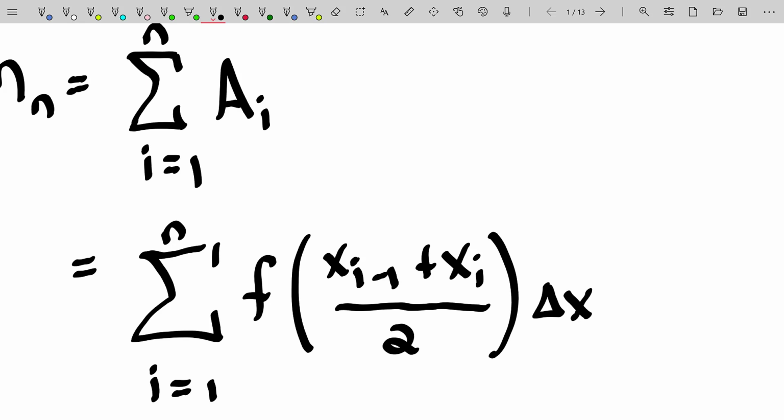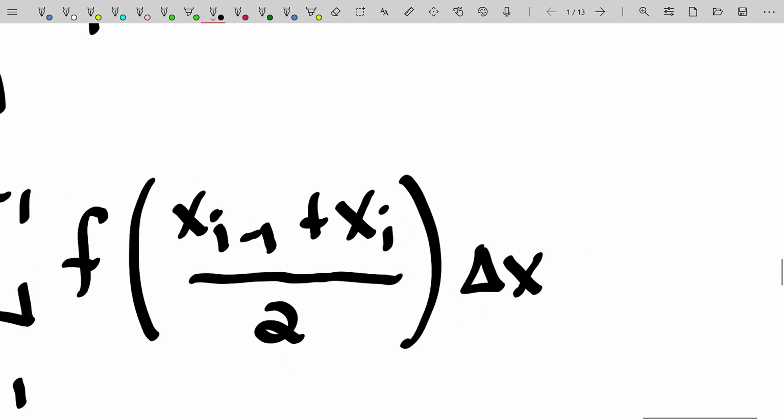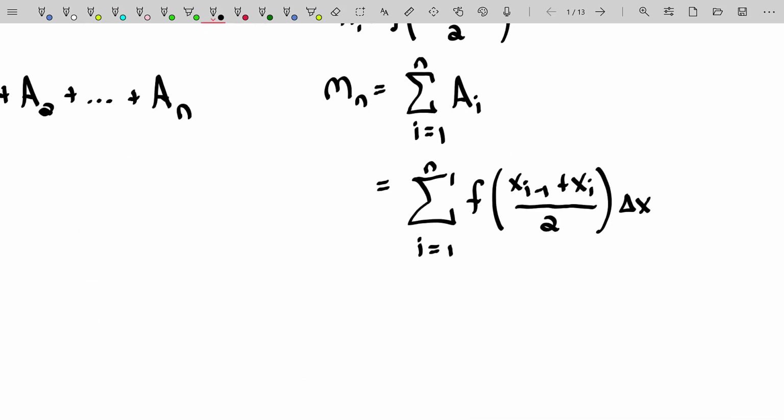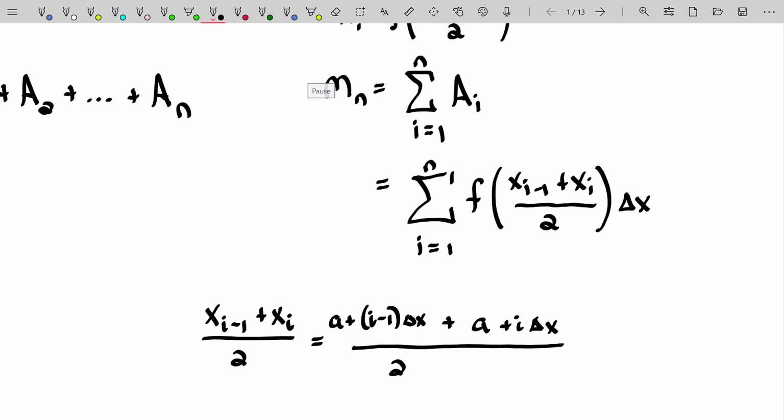While you can actually rewrite that formula and memorize a brand new formula, I probably would not. But if you're interested in seeing the closed form of x sub i minus 1 plus x sub i over 2, well, we know that x sub i is a plus i delta x. You know that x sub i minus 1 is a plus the quantity i minus 1 delta x, and this is all over 2, and then you can clean this up.